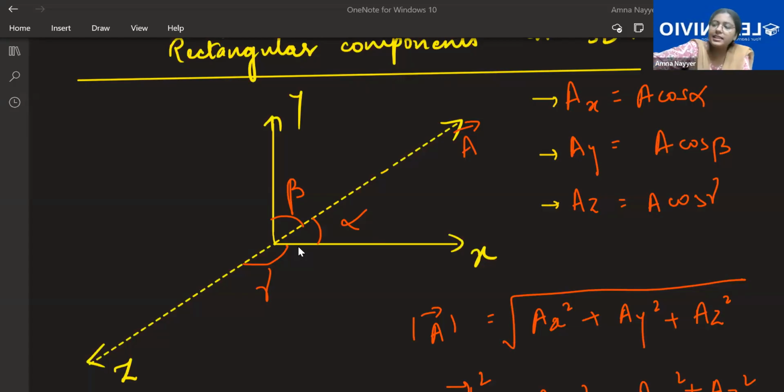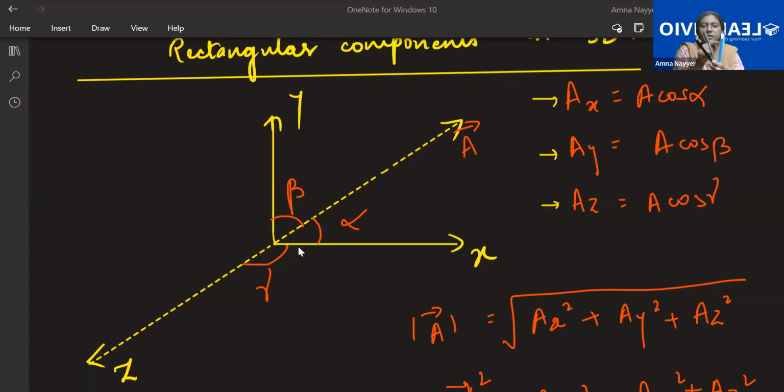But suppose these are not axes, and I have vectors like this. So this is not along the x, y, and z axis, right? The angle between all three of them is something else.